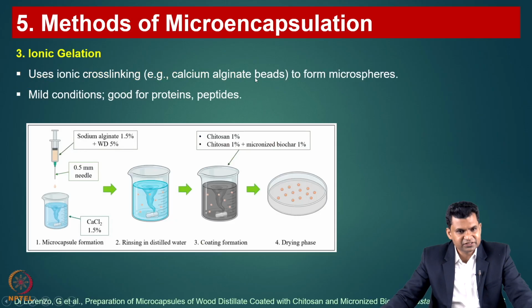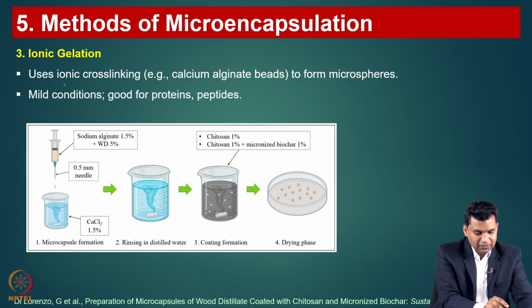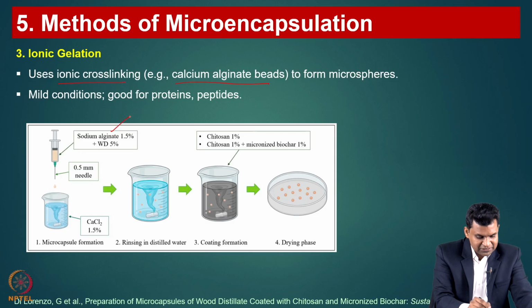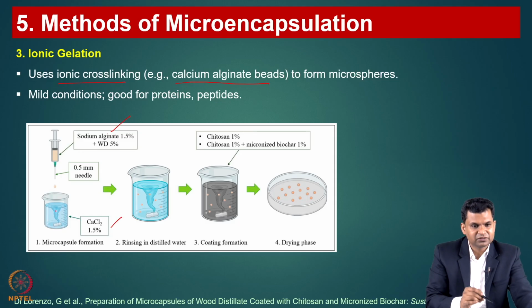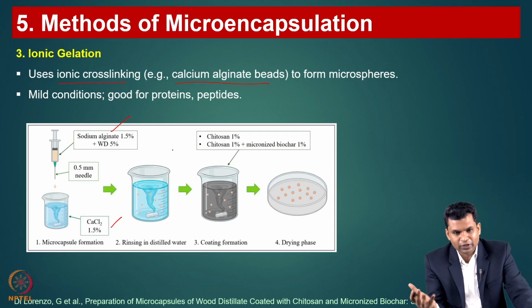So, ionic gelation is a very simple technique. Here also we use 2 opponent systems, like an ionic crosslink system. Here also we use calcium alginate beads. You can see here sodium alginate, which needs to be transferred into the calcium chloride solution, and here you will get the microemulsion that is not in the dried form.